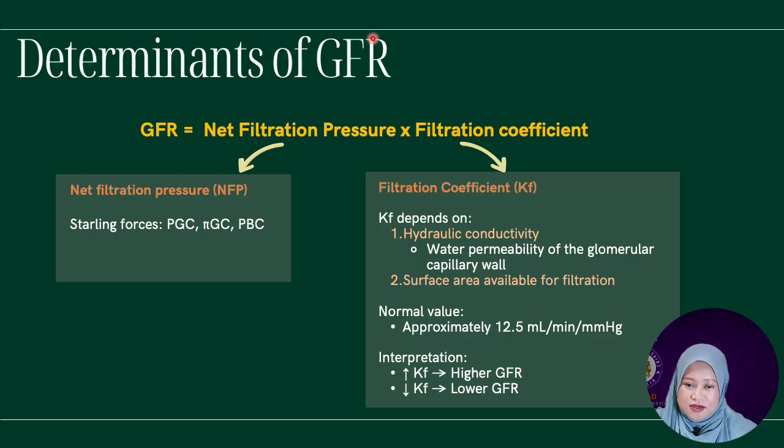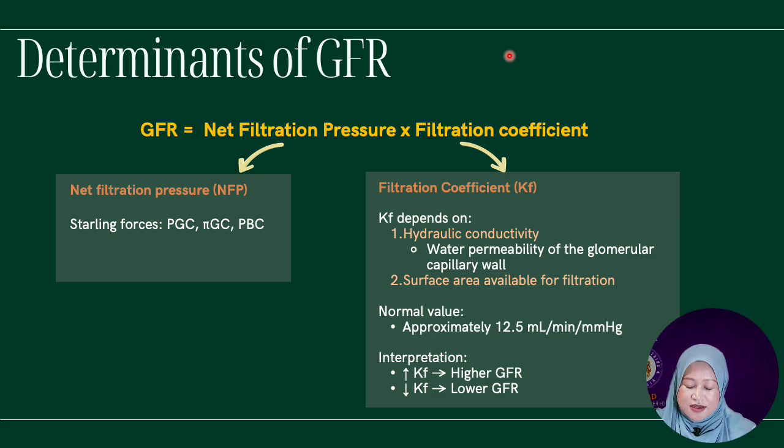The second factor is the filtration coefficient, or Kf. So what exactly is Kf? It reflects the physical properties of the filtration barrier, which is the three layers of the filtration membrane. It depends on two things: the hydraulic conductivity of the membrane, which means how easily water can pass through it, and the surface area available for filtration.